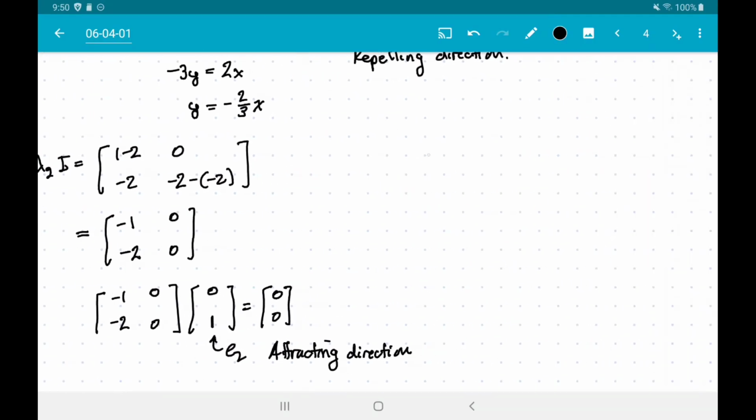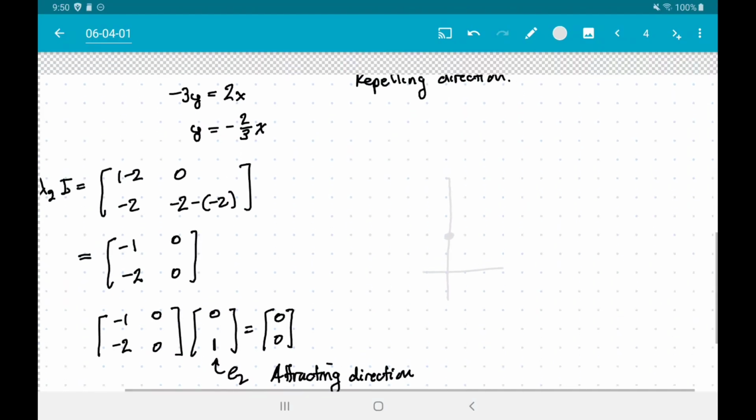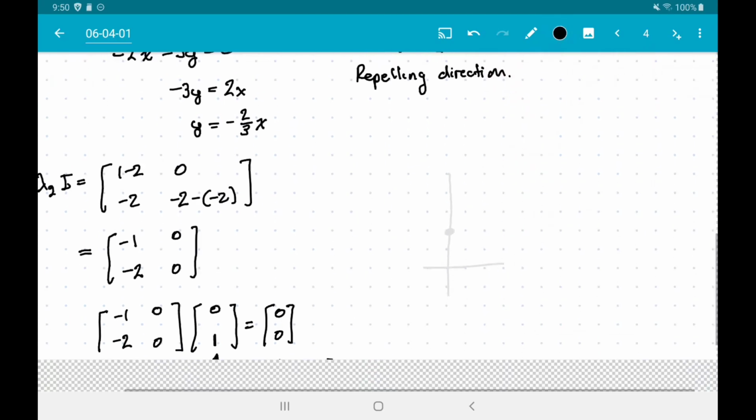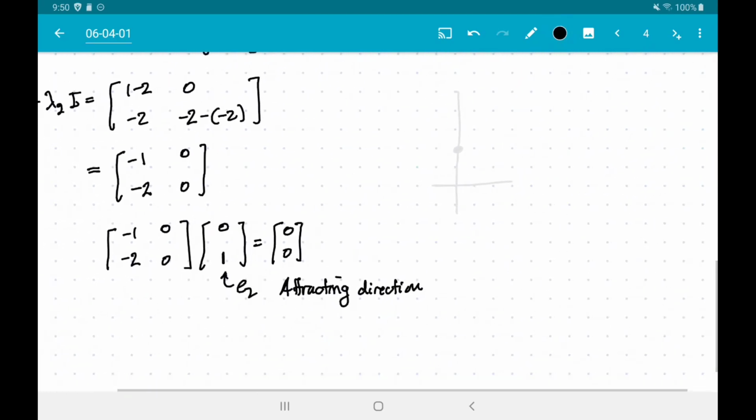Okay, so what does that mean? Let me draw some axes here. So there's the point. It's at 0, 2. The attracting direction is along the vertical axis. So the saddle looks like that right there.